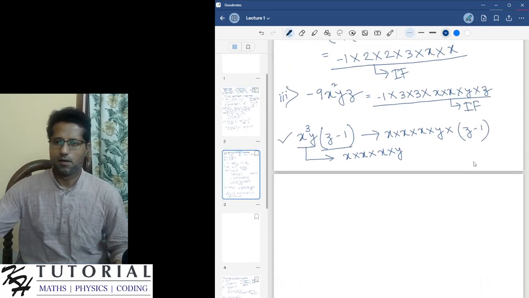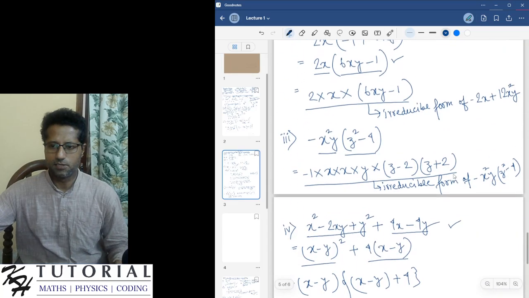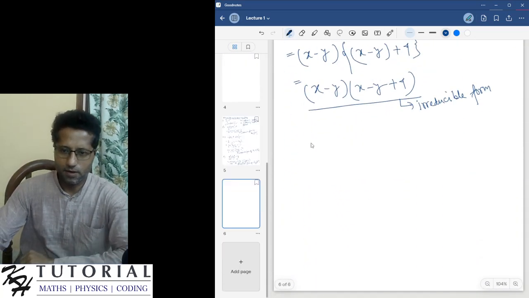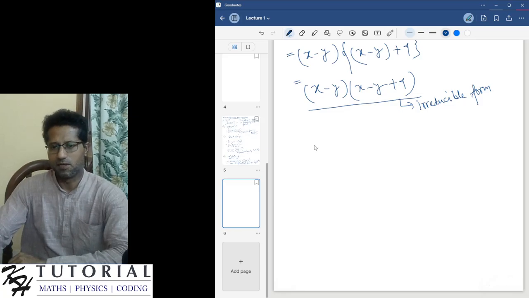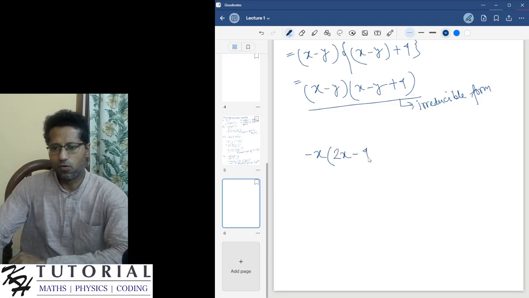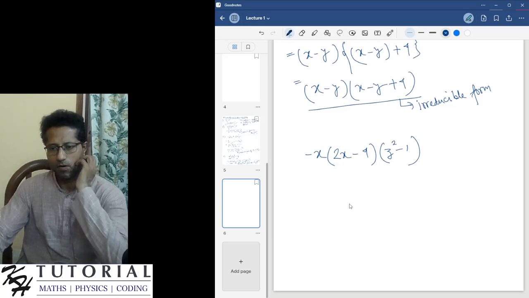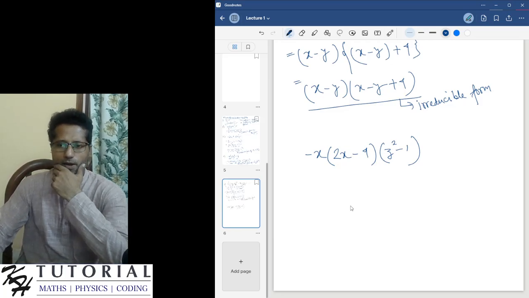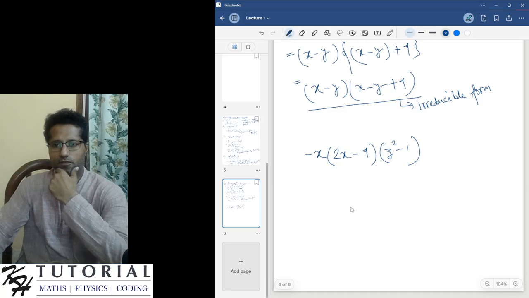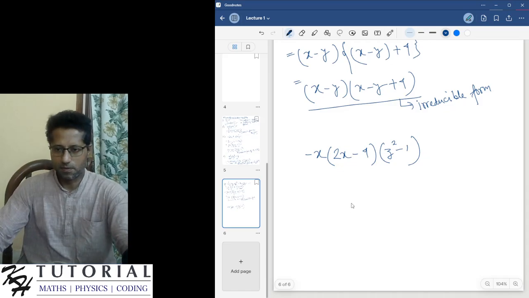So let's say you are given a factorized algebraic expression. Let's say minus x multiplied by 2x minus 4, and z square minus 1. So this is a factorized form of an algebraic expression, and you are asked what is the irreducible factor of this algebraic expression.